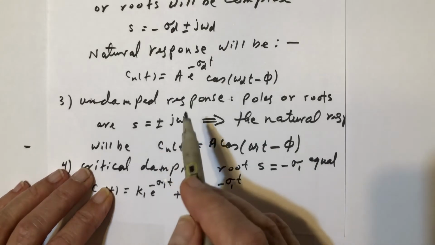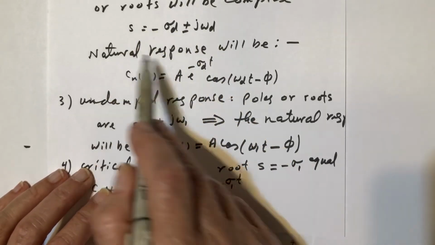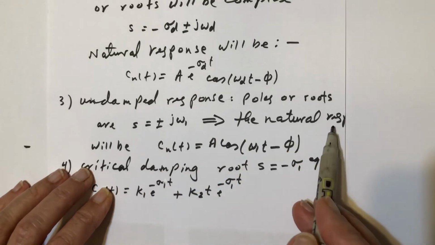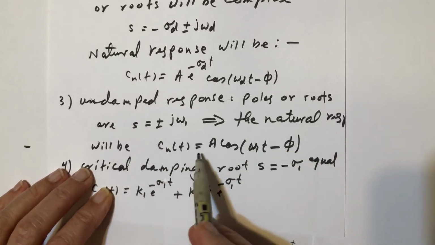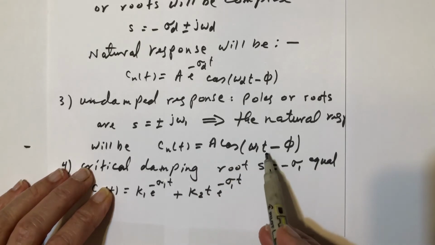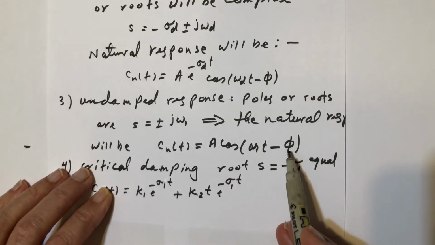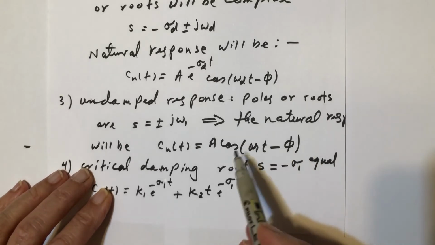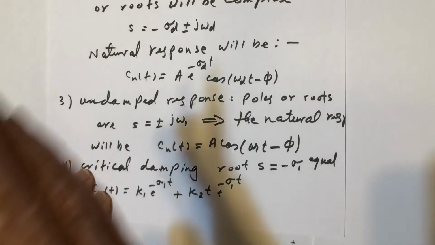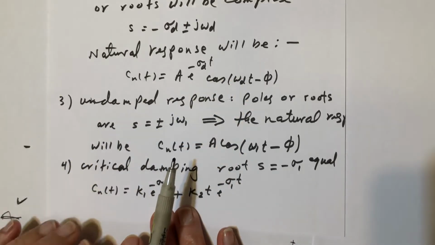Of course, you remember that complex roots, whether like that one or pure, come in pairs. Then the natural response c_n of t, n for natural, of course, will be A cosine omega 1 t minus phi. Whenever you don't believe this, look into this slide with the responses, which I took from your book.